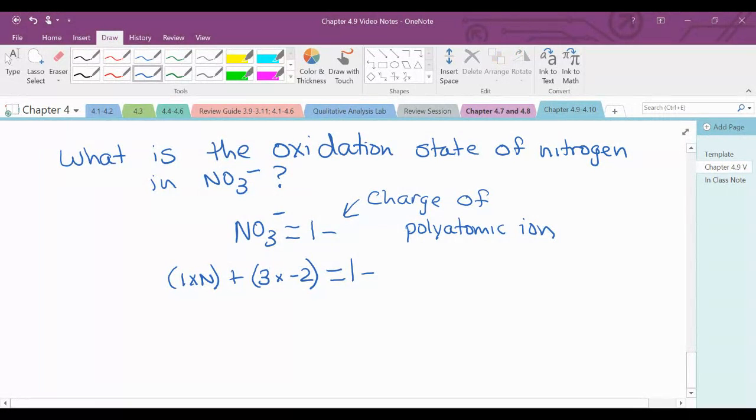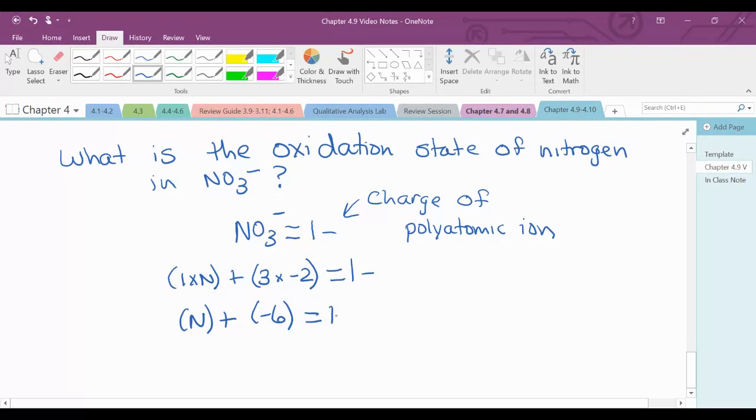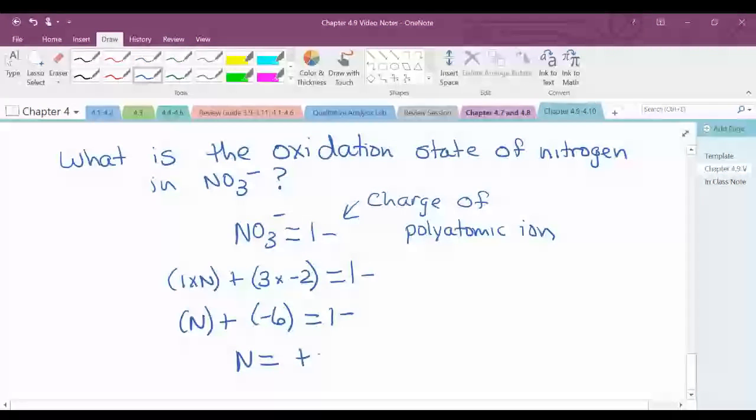The charge is written as the number and then the sign. So if we look at this, we would have our nitrogen plus -6, which would equal -1. And so N would equal +5.